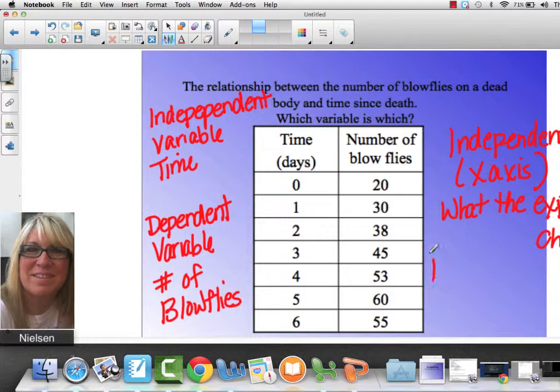And then your dependent variable is on the y-axis. And that's the one that's affected by the independent.